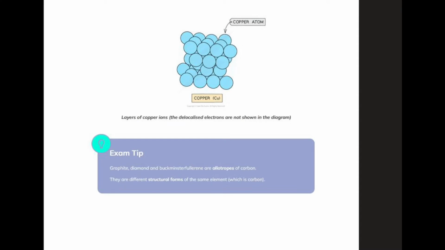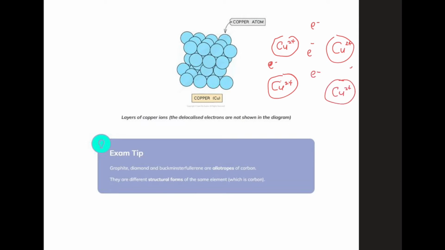So it's something like this: Cu2+, electron, Cu2+, electron, Cu2+, electron, and so on. It looks like that. The electrons can go anywhere.